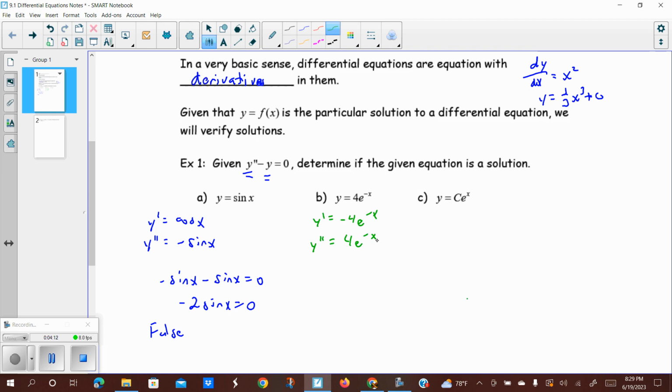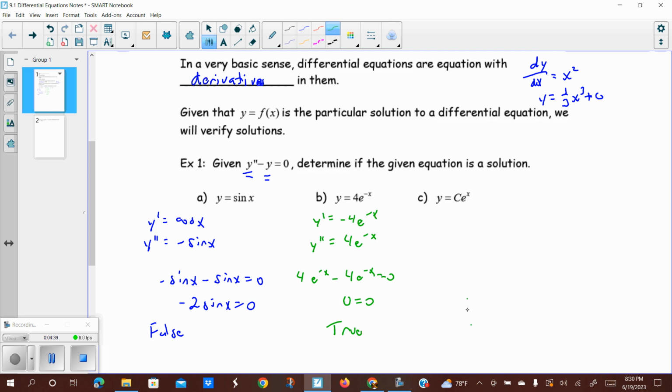So now we're going to plug this stuff in. I've got y double prime, that's 4e to the negative x, minus the original y value, which is also 4e to the negative x, equals 0. And then, of course, the left side subtracts to 0. So this one is true, meaning that 4e to the negative x is a solution to that differential equation.